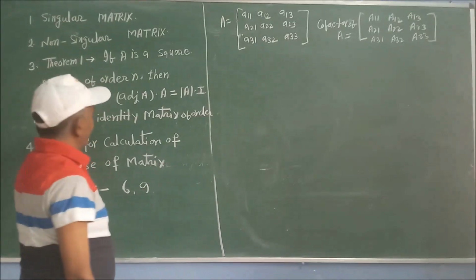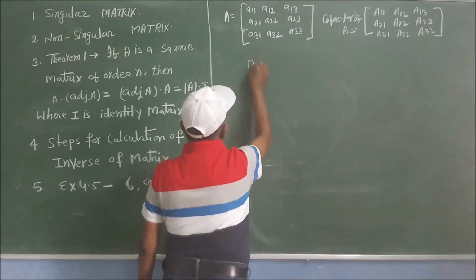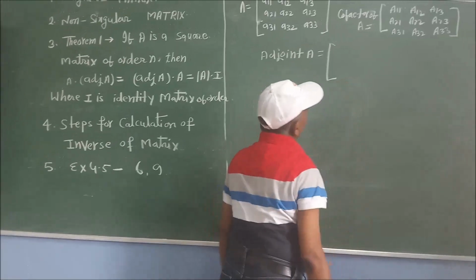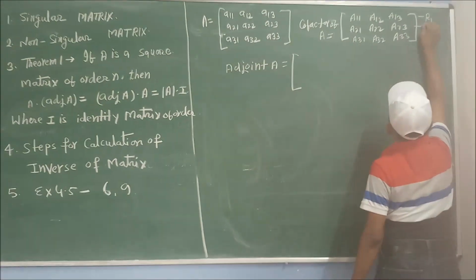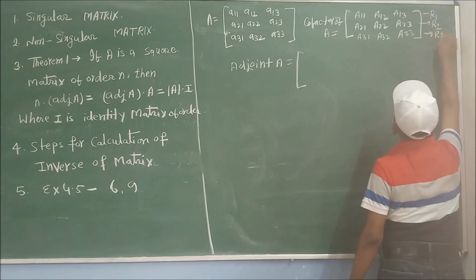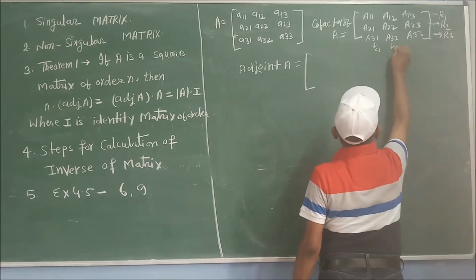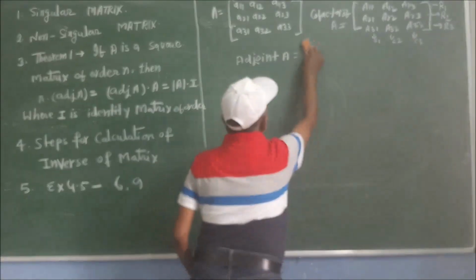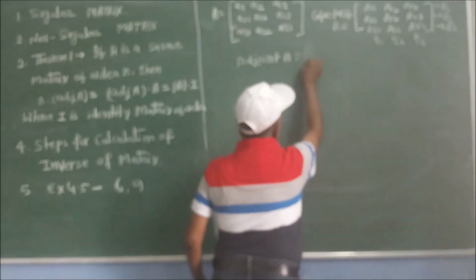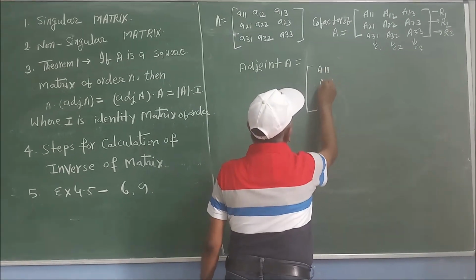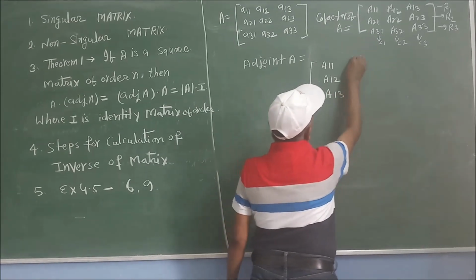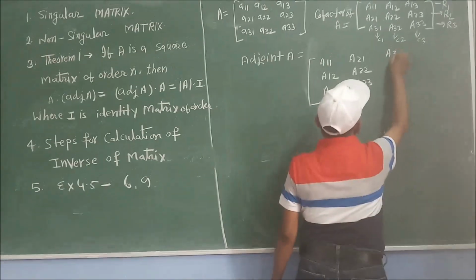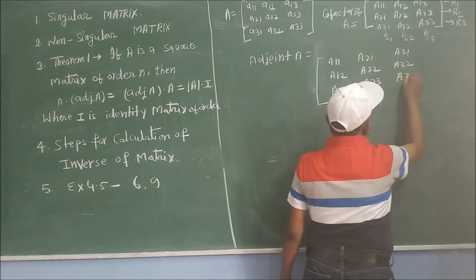Again here we have to find adjoint A. If you take the transpose of the cofactor matrix, then it becomes the adjoint. So here this is your R1, this is R2 and this is R3. We change R1 to C1, R2 to C2 and R3 to C3. So adjoint of A is equal to A11, A21, A31, A12, A22, A32, A13, A23, A33.